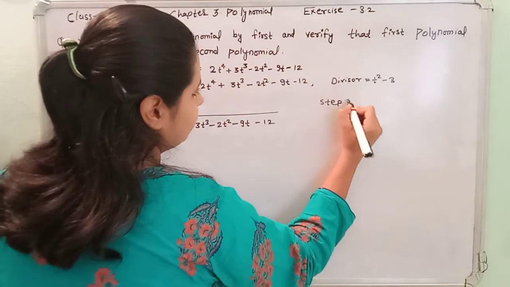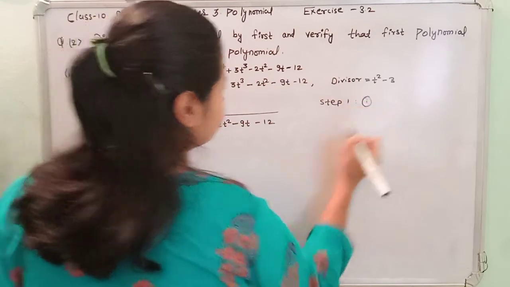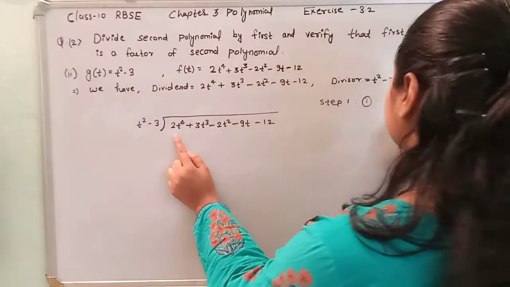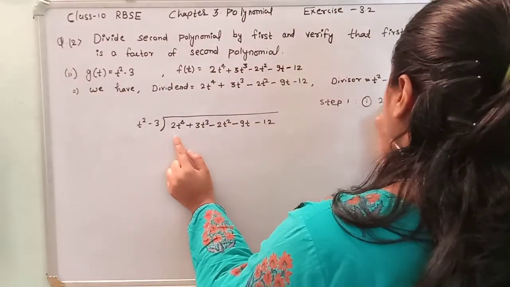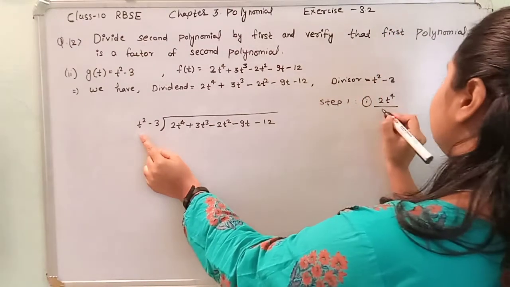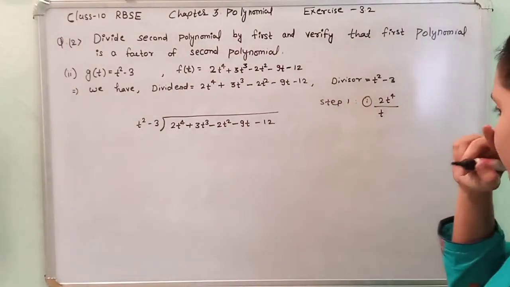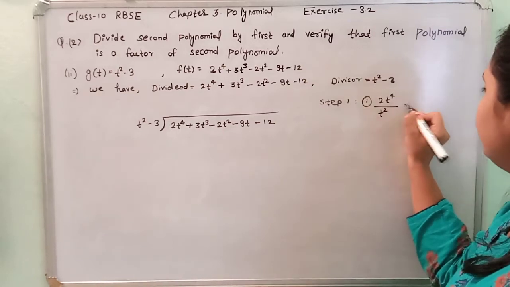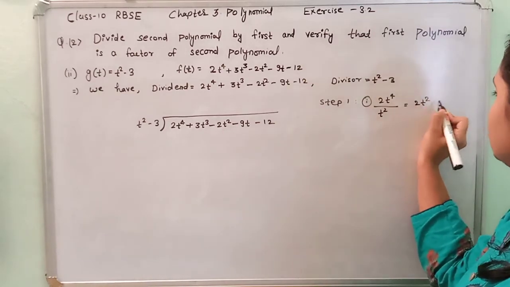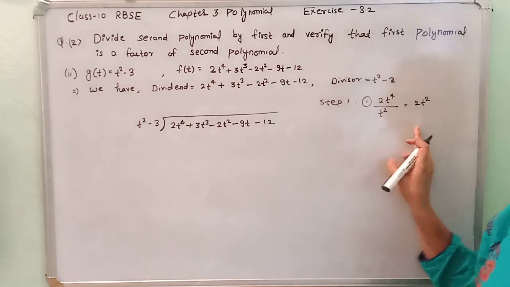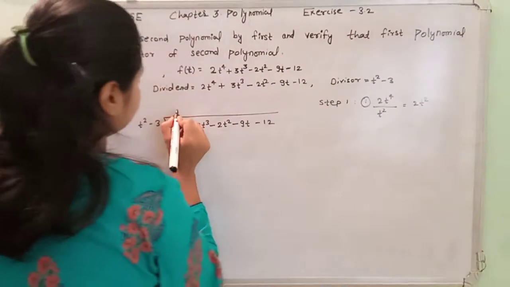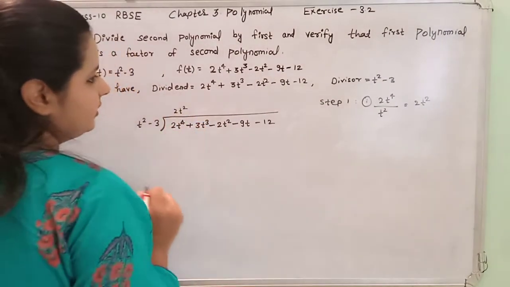Step first. We will divide the first term of the dividend by the first term of the divisor. So 2t raised to the power 4 upon t square, we will get 2t square. Now this 2t square we will write here.